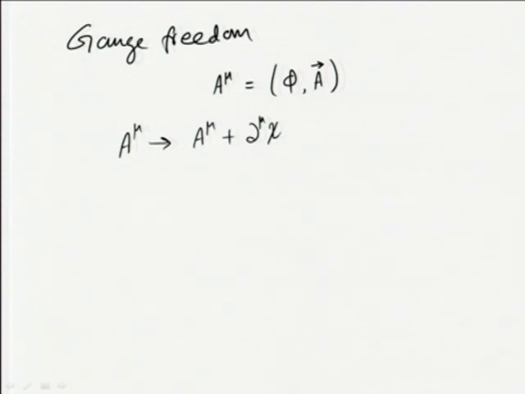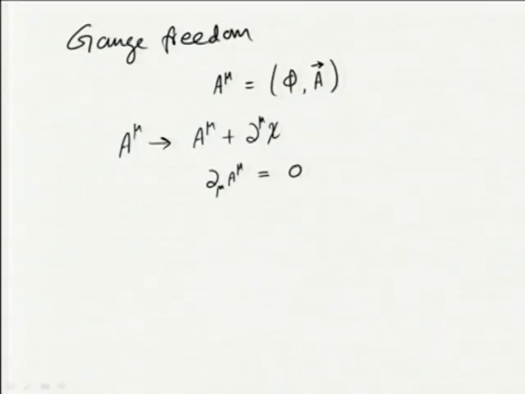We will come to that a little later when we discuss the gauge symmetry. But at the moment, this lets us fix the A mu so that dou mu A mu is equal to 0. That is, A mu can be made divergenceless by appropriately choosing the scalar function chi.